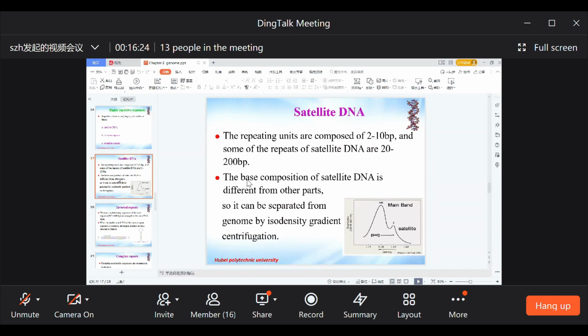This DNA forming the satellite band is the satellite DNA. Totally, answer this question through this centrifugation and the band formed. Okay? Do you understand that? Yes.